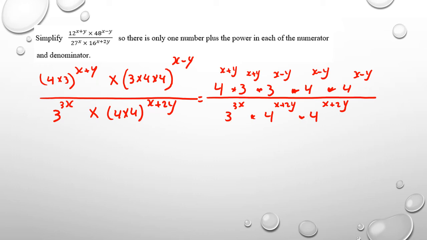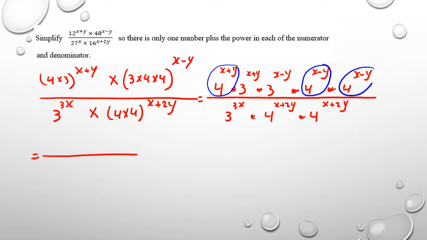Okay, now we're going to rewrite that and simplify. So we collect their like terms, or the same bases in this case. I've got 4 to the power of x plus y, and I've got another 4 in here, and another 4.